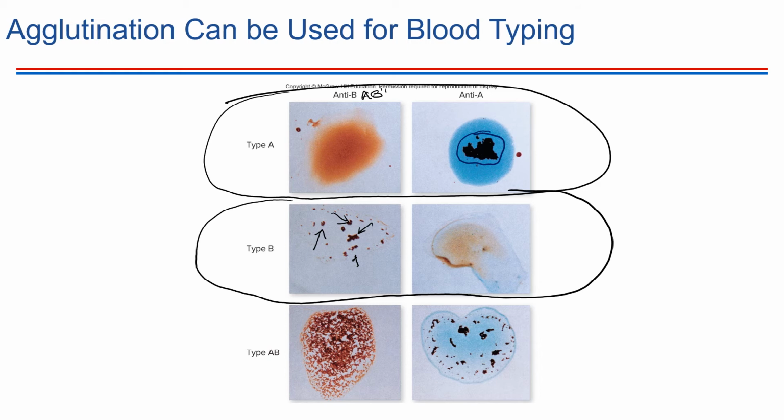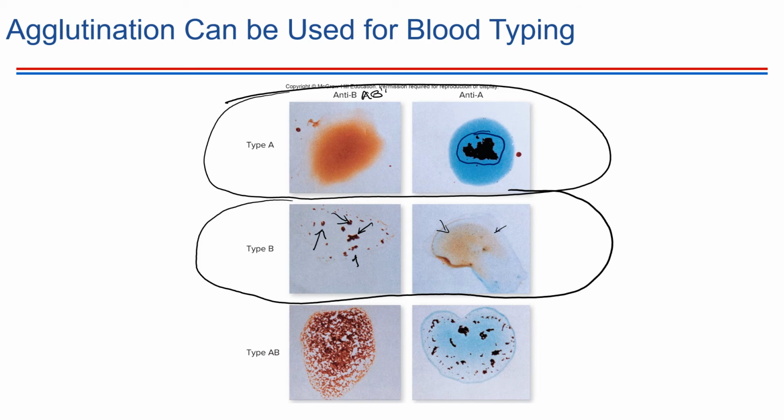There's no agglutination going on in here. That's looking just fine. If you have type AB cells and you add anti-B antibodies to it, of course they're going to clump. And the same thing with anti-A antibodies, they're going to clump.